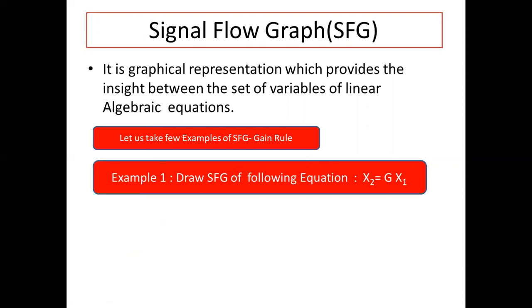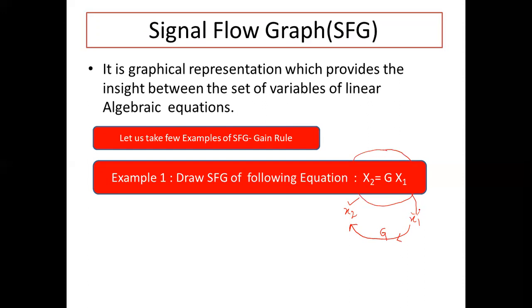In this expression you can easily deduce that we have to make a signal flow graph for an equation where one variable is x2 and another variable is x1. What is happening is that the x1 signal is getting multiplied by g and it turns into x2.